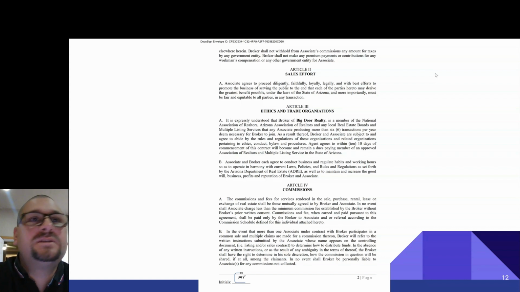So if the broker deems in their sole discretion how to divvy up the commission between two sales agents, they can do that. How the commission in question will be shared, if at all, among the claimants.